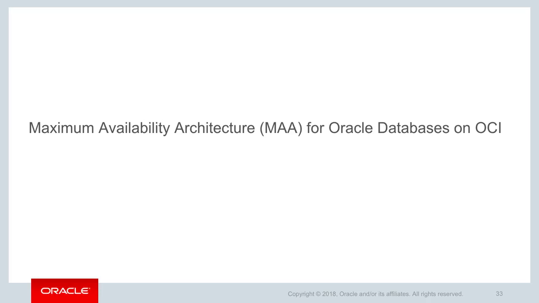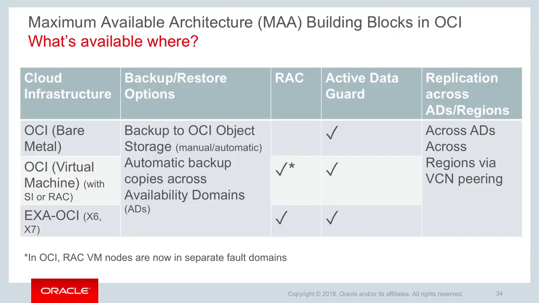We will now look at the maximum availability architecture for Oracle databases on OCI. On this slide, you will see the building blocks for maximum availability architecture that is available in OCI.